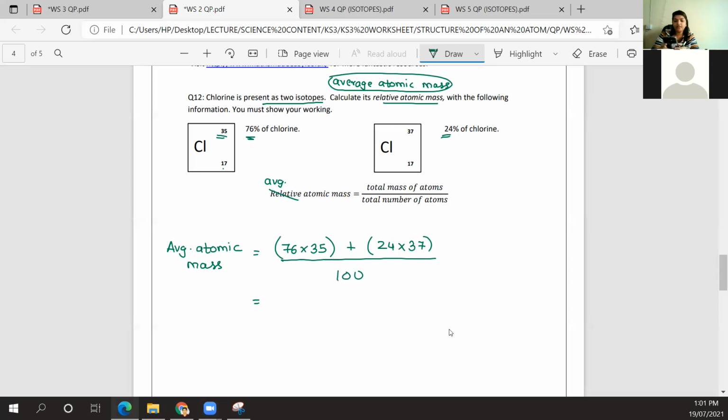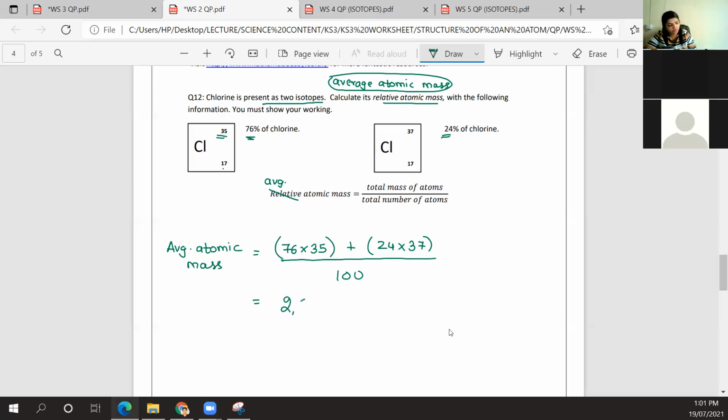You can use a calculator. It is 2660. Plus 24 into 37, which is 888, divided by 100.